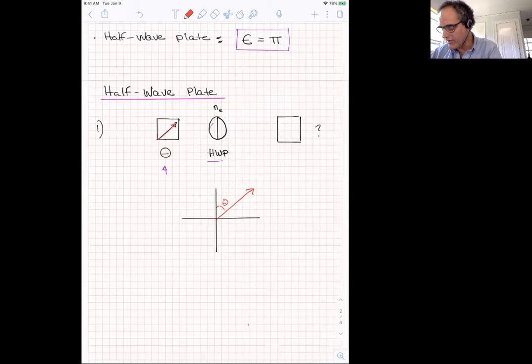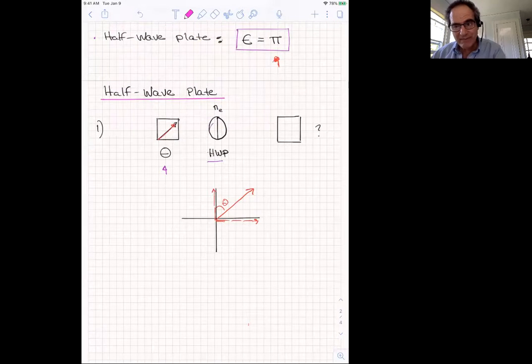Now, what we should do in order to analyze this is resolve this vector into a component parallel to the birefringent plate and a component perpendicular to the birefringent plate. There we are. Now, what we expect is that the half-wave plate will induce a phase shift of 180 degrees, or pi, between these two components.